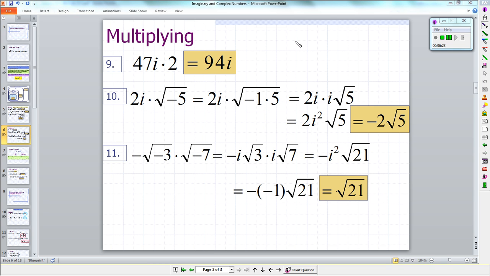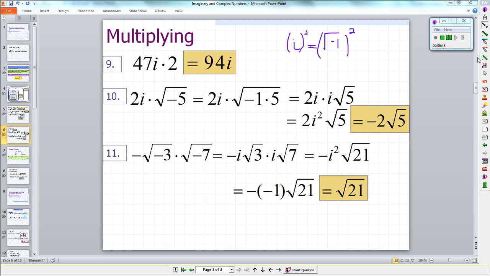Now as we all know, i is the square root of -1. So if we square the left side and the right side of this equation, i squared will be equal to -1.